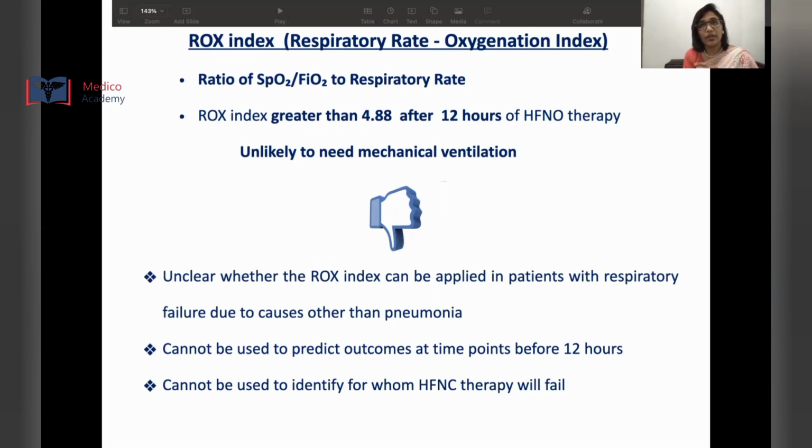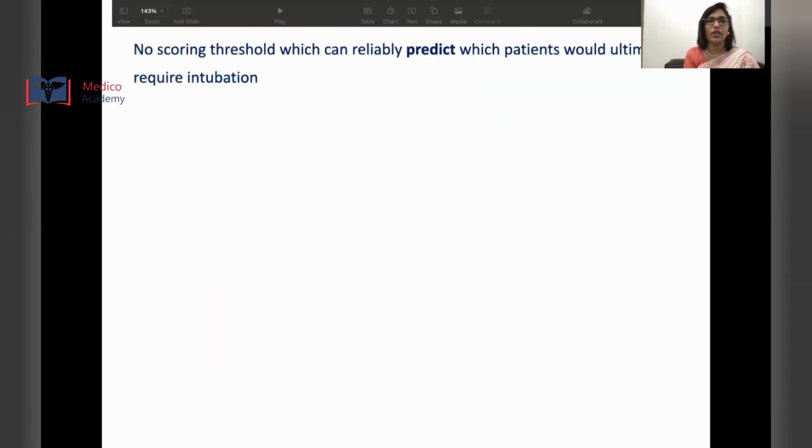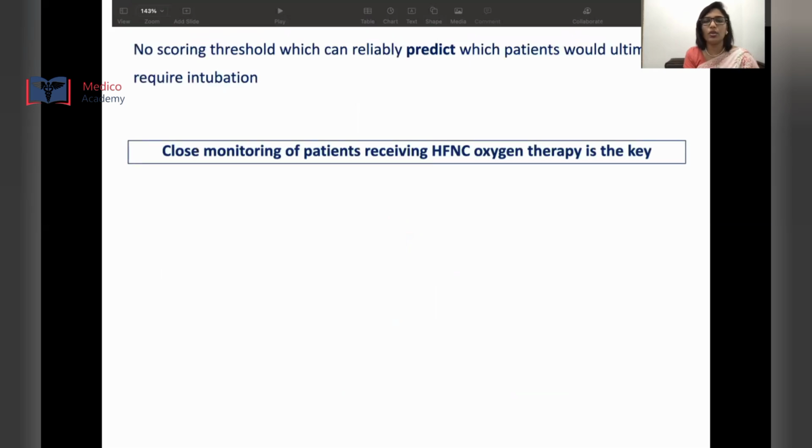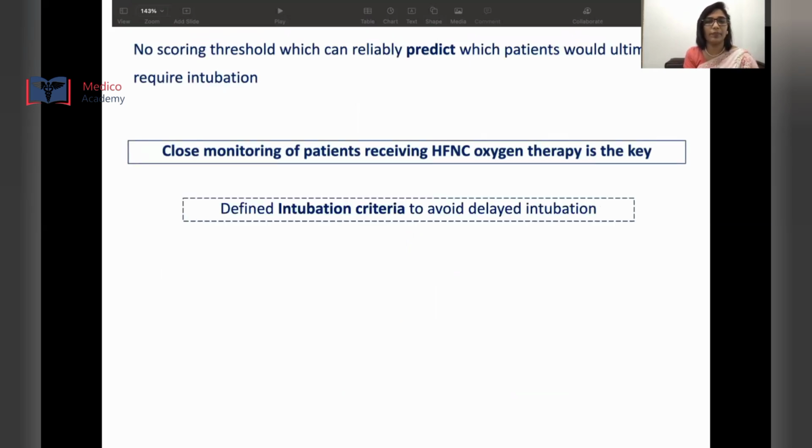Of course, it's not just by going with the ABG, we also go via clinical judgment as well. We also look into the vitals of the patient as well as the entire clinical condition of the patient. So there has been no scoring threshold which can reliably predict which patients on high flow nasal oxygen would require intubation. So close monitoring of the patients who are receiving this therapy is the key.